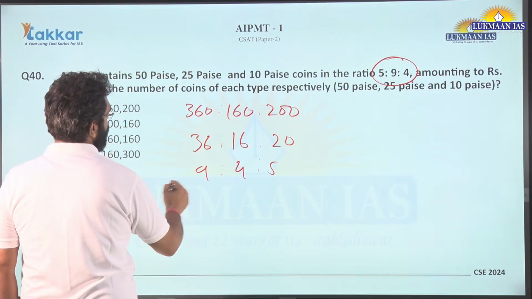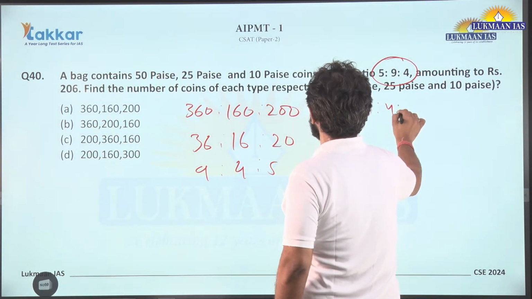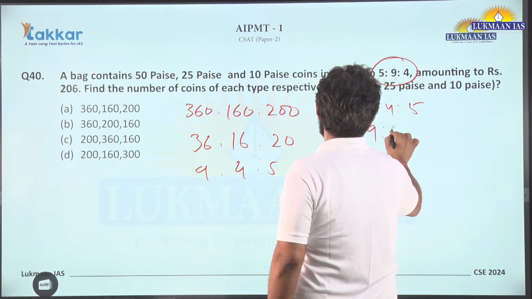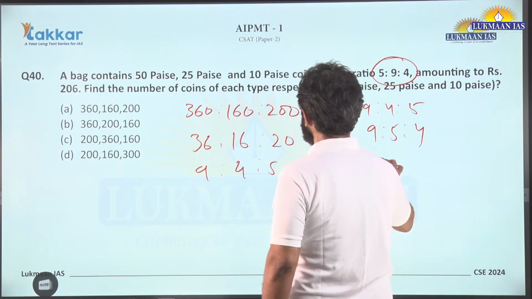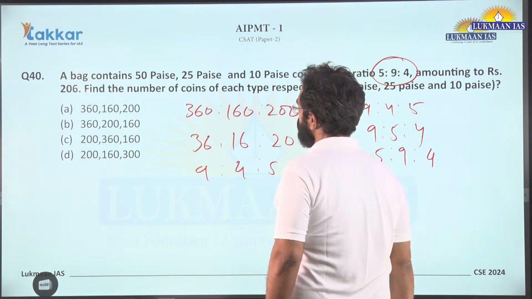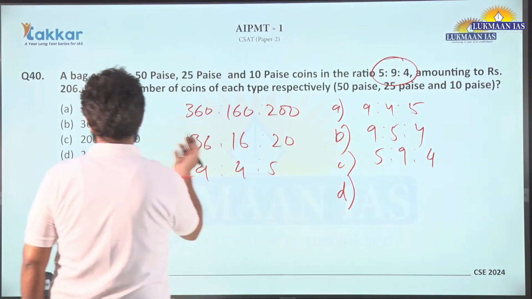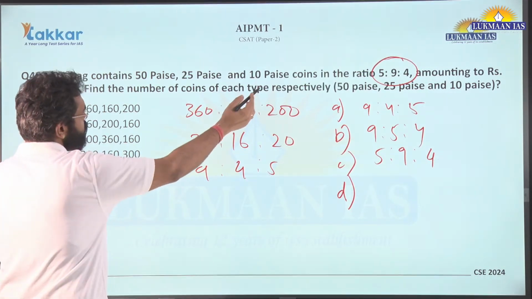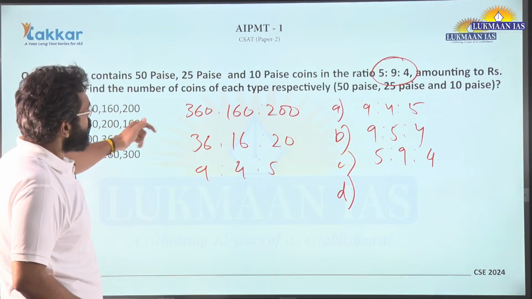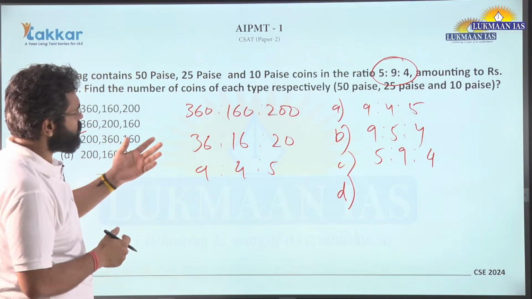A is given in the ratio of 9, 4, 5. B is given in the ratio of 9, 5, 4. C is given in the ratio of 5, 9, 4. Option D. We need not see further. Option C is the right answer because it's given in the ratio of 9:4:5. Find the number of coins of each type respectively: 50 paise, 25 paise, 10 paise would be 200 coins for 50 paise, 360 coins for 25 paise, and 160 coins for 10 paise.